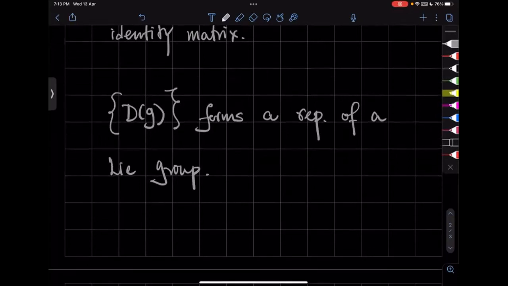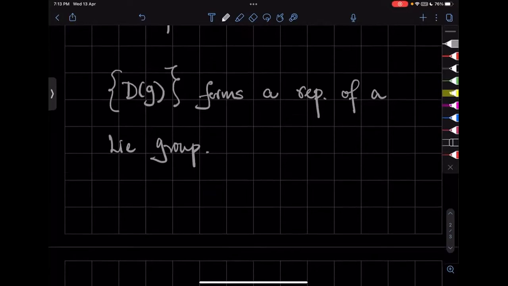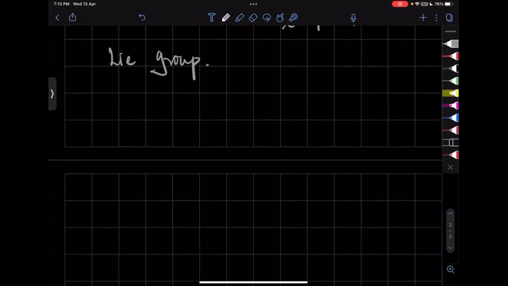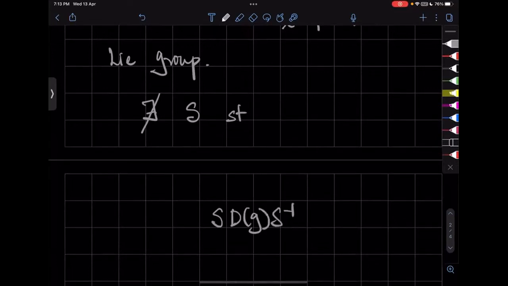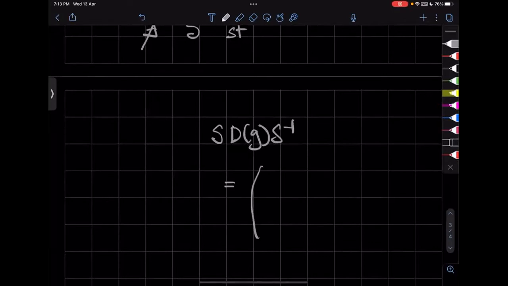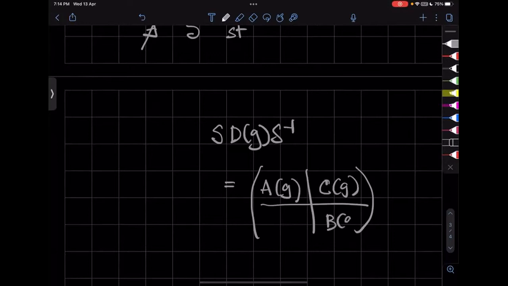So what does it mean for it to be irreducible? It means that there exists no matrix S such that the similarity transformation by S leads D of G to have this form for all G. This is the form that the matrix will take if it's a reducible representation, and this can be 0 for compact groups.